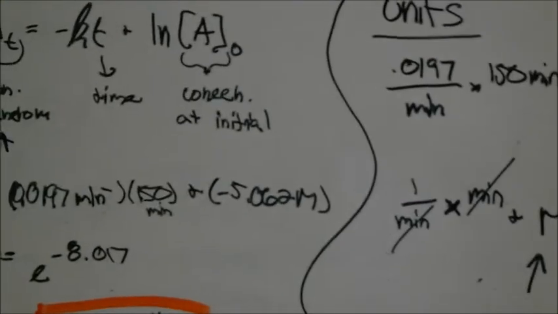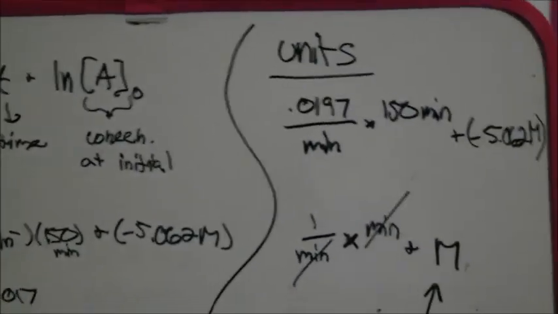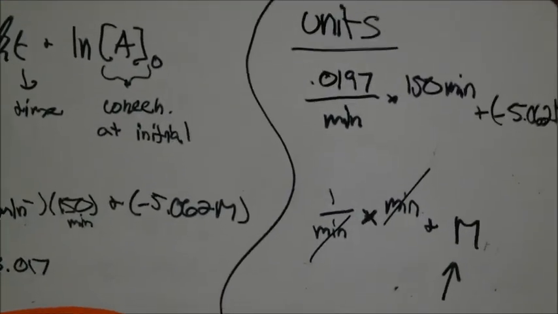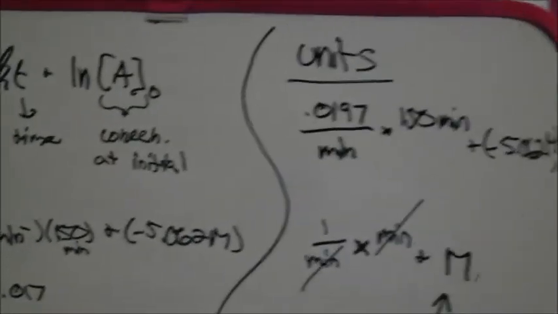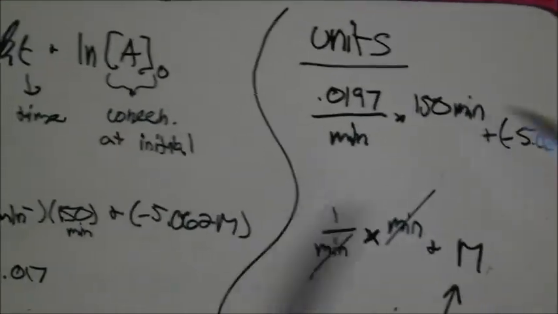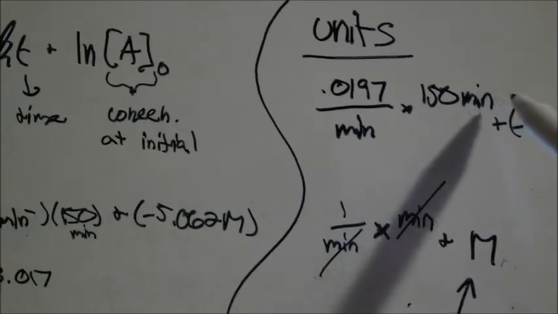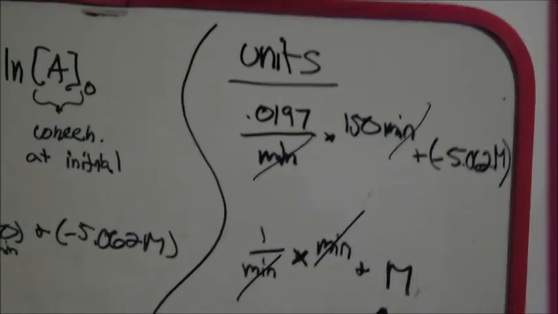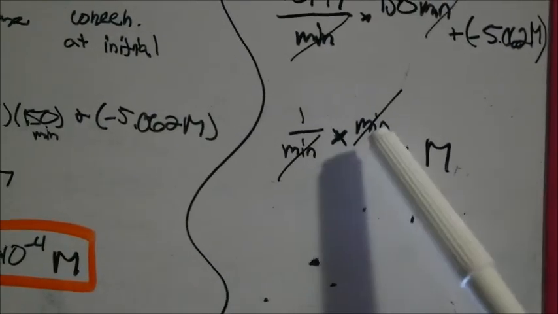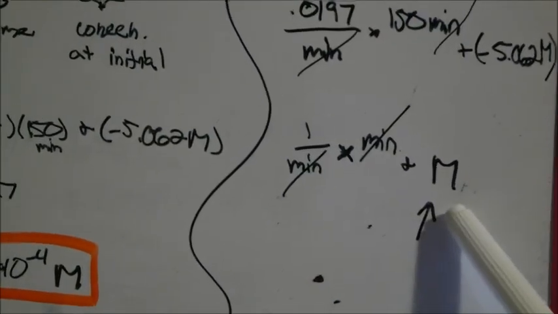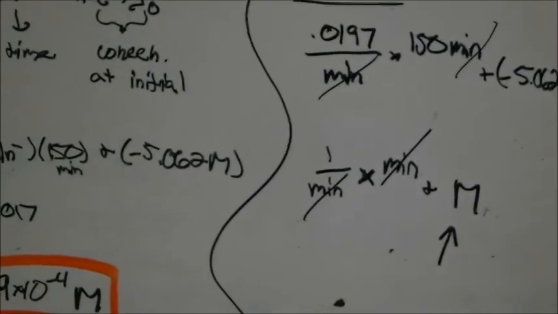And that's what gets rid of the negative 1, because you've turned it into a fraction. And what you have next is the 150 minutes. So by multiplying, you cross out the minutes and you're left with molarity right there. Another way of looking at it is basically like this. See? You're just left with the molarity.